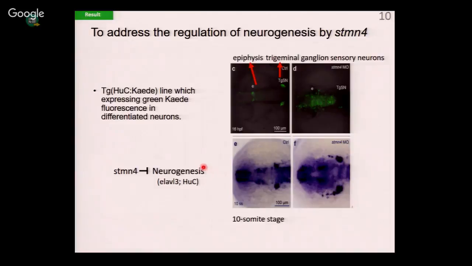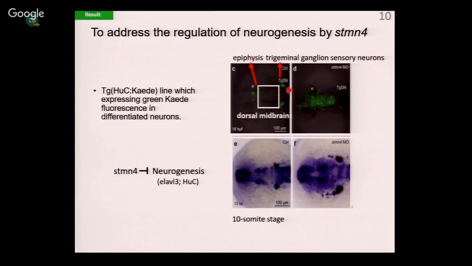To address the regulation of neurogenesis by Stathmin4, they used transgenic Tg(HuC:Kaede) lines, which express green Kaede fluorescence in different neurons. E indicates the epiphysis and TGSN means trigeminal ganglion sensory neuron, and the dorsal midbrain is located between them.